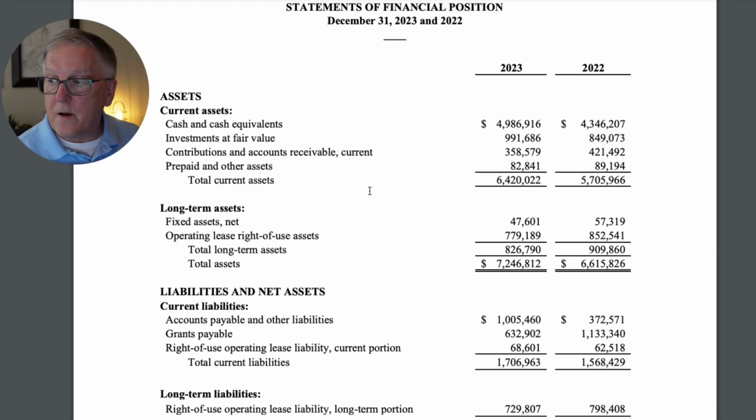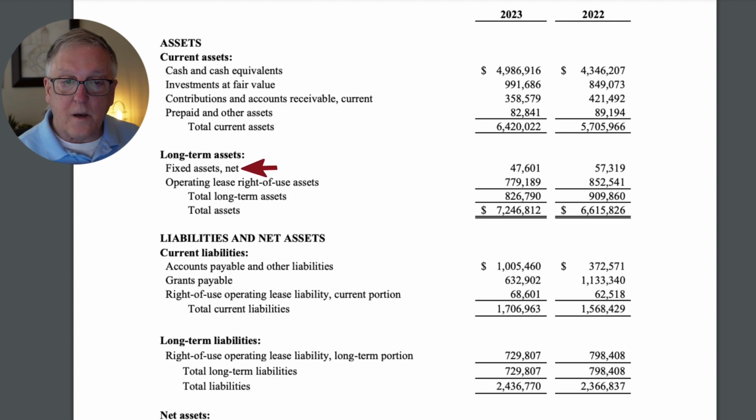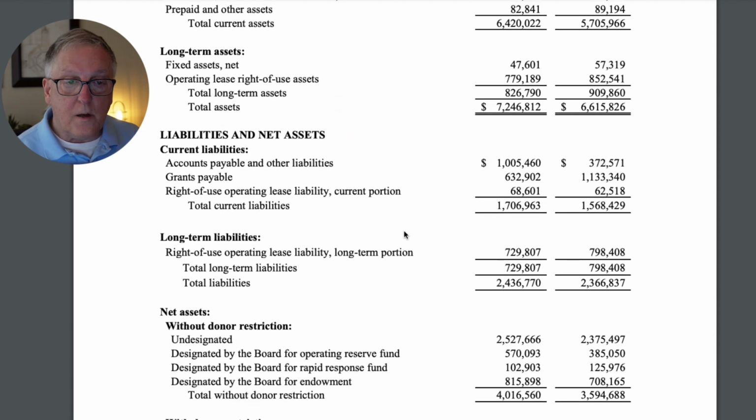They also have fixed assets here and an operating lease right of use asset. So if a nonprofit has an operating lease that's more than 1 year, you're going to see a lease liability down here, and you're going to see a right of use asset up here. Okay, let's continue.